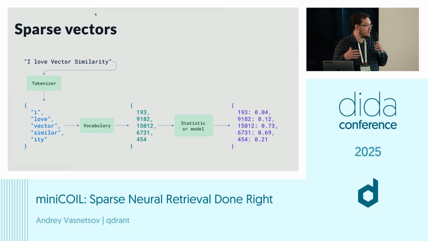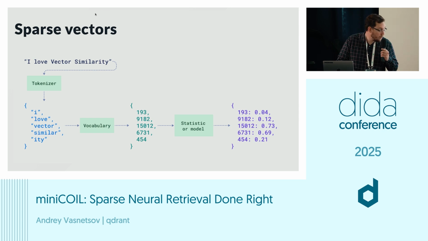As you can see, only a few dimensions of this vector actually have values, and everything else is considered to be zero. That's why it's called sparse.